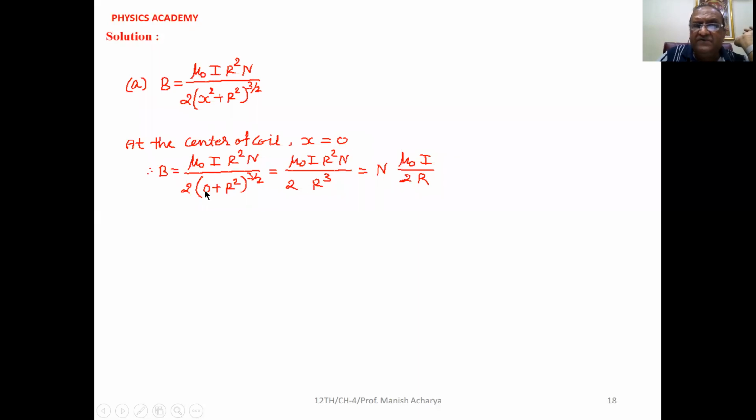So in this equation, if we substitute x equal to 0, then we get B equal to mu 0 I r square n upon 2 into (0 plus r square) raised to 3 by 2. Now here this r square raised to 3 by 2 will give you r cube. And now r square cancels, so 1 r will be there in the denominator. So your equation turns to n mu 0 I upon 2r. This is the equation for the magnetic field at the center of the current carrying coil. Clear to all of you?